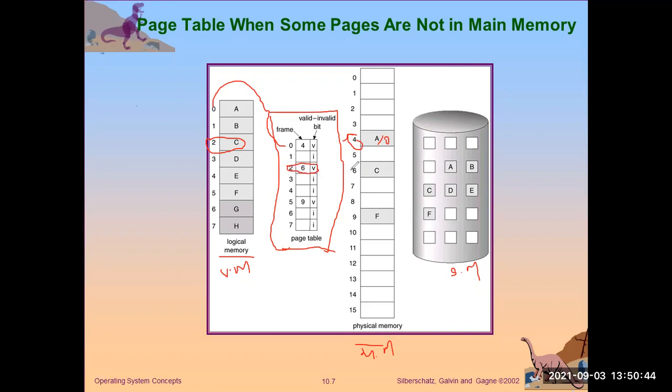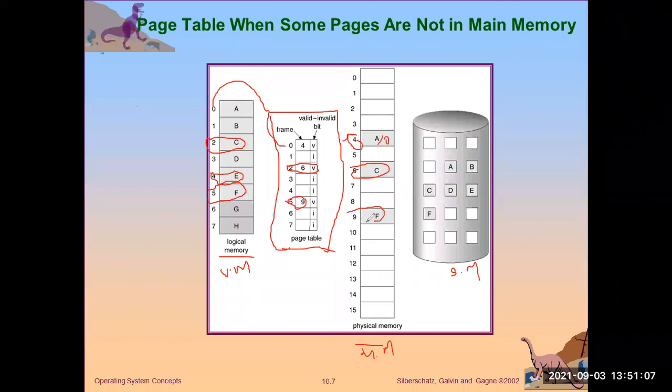Similarly, you see page number 4, which is E. Page number 4 is valid. Page number 5, which is F. Now, F is stored.